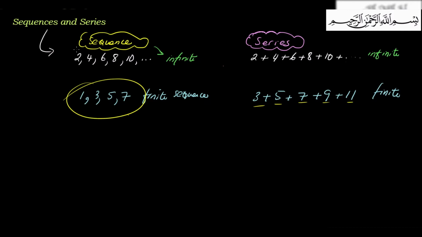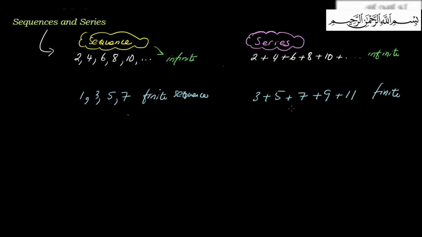Now, as you can see over here, these are reasonably easy sequences and series to understand. They have a particular pattern. The pattern may be discernible, or they may not have any pattern that you are able to understand. So sequences and series may have a certain pattern or rule that they seem to be following, or they may have rules that are very difficult to appreciate, or they may have no rules.